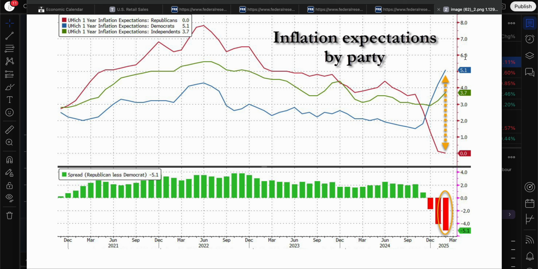Really the best way to visualize this is inflation expectations. Ever since the election, you've seen inflation expectations for Democrats soar, and inflation expectations for Republicans basically expect price deflation. And again, if you're asking for people's opinion, their opinions will be skewed by political leanings.